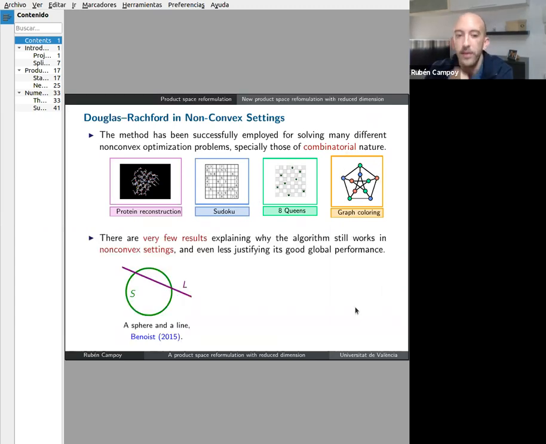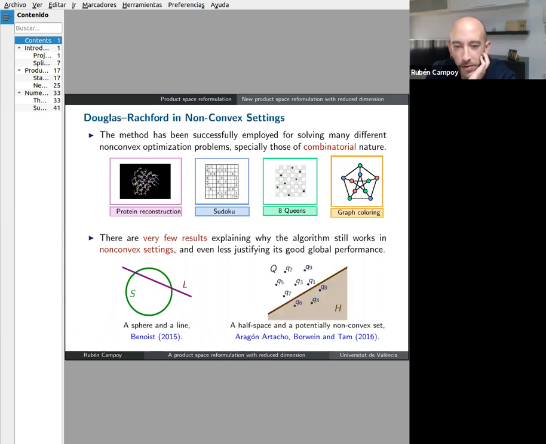However, the theory is much more limited, and we have a few results warranting the convergence in non-convex scenarios, like the sphere and the line, or the half space and a non-convex set. The concern here is that in applications, usually the problem is defined by more than two operators. So we need the product space reformulation to work for non-convex feasibility problems.